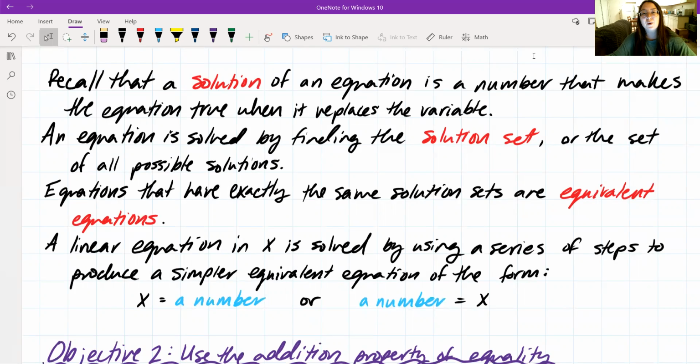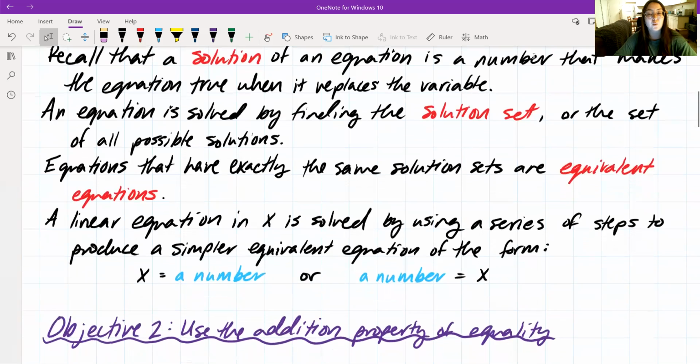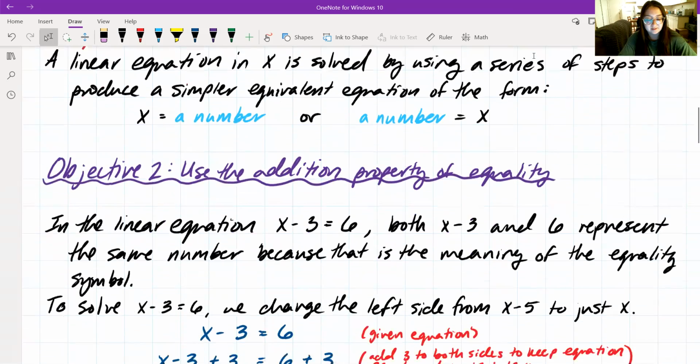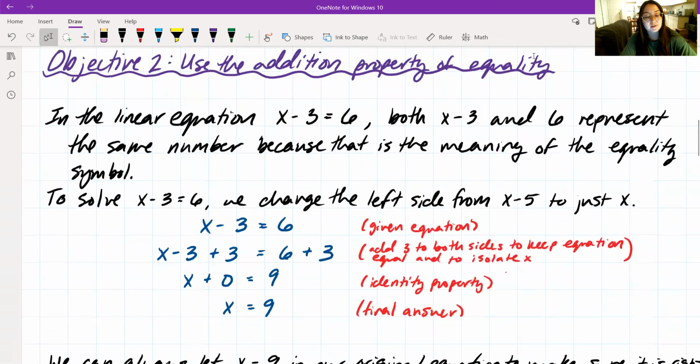So we want to take some linear equation in the form ax plus b is equal to c and simplify it into an equivalent equation that is x equal to some number, or some number equal to x, where x is 1x, positive 1x to be even more specific.